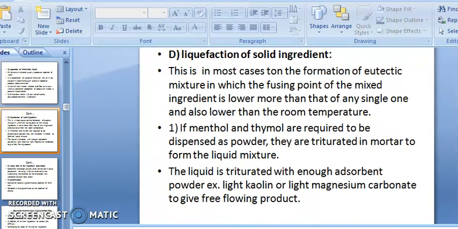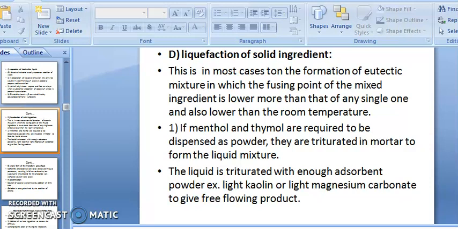Then liquefaction of solid ingredients. In most cases this is due to the formation of a eutectic mixture, in which the fusing point of the mixed ingredients is lower than that of any single one and also lower than room temperature.